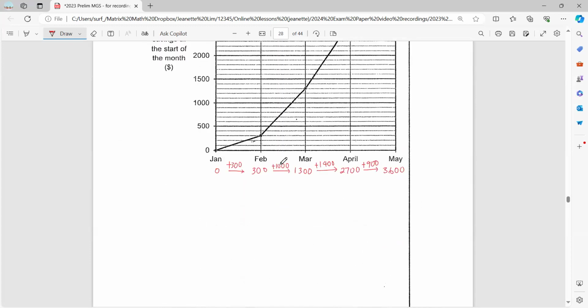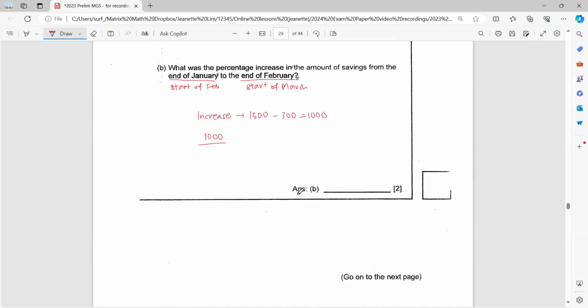It increased from 300. So the original is 300. So 1,000 over 300 times 100%. Now, you will have a mixed number, 333 and 1/3%. So that's the answer.